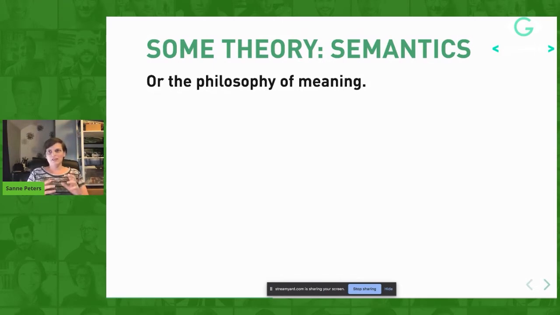So it's not really science, because it's a way of thinking, and that's what philosophy is about. Semantics really talks about how things do not exist on their own, but always within a larger context. Like, I'm a person that lives in the world and do not exist on my own.